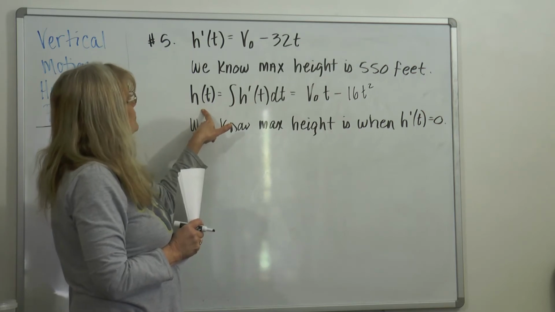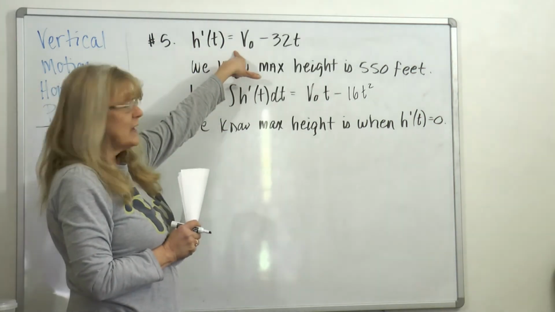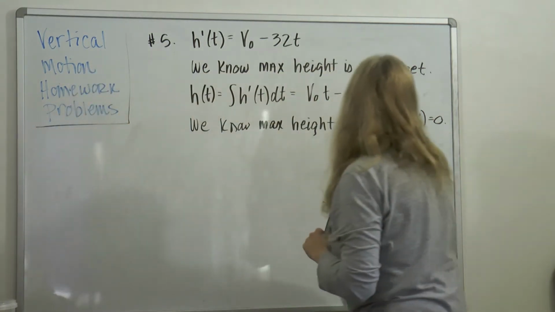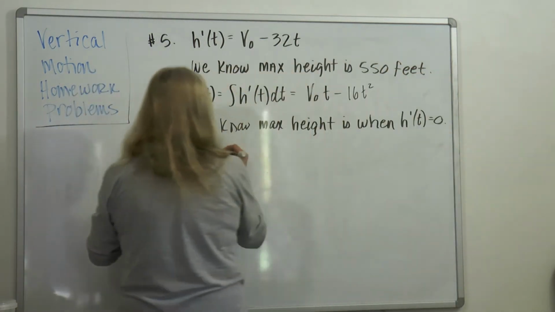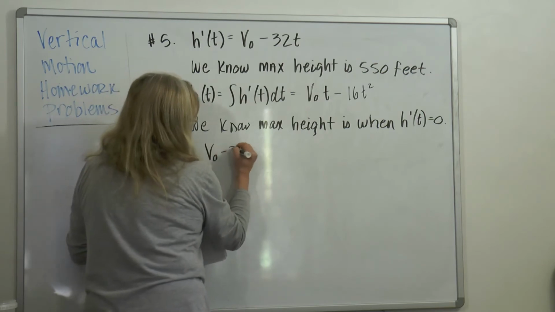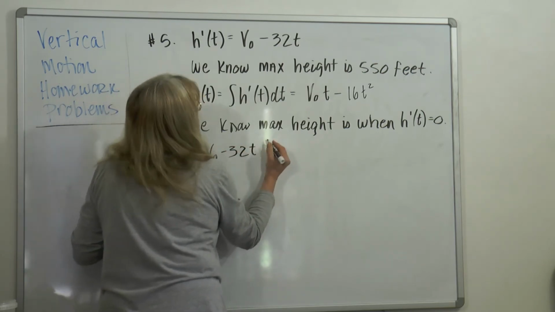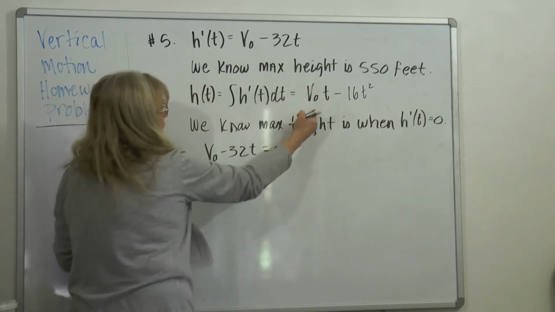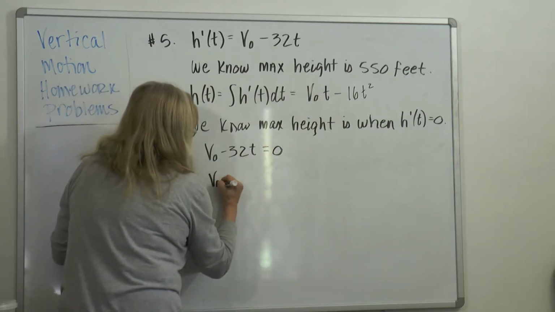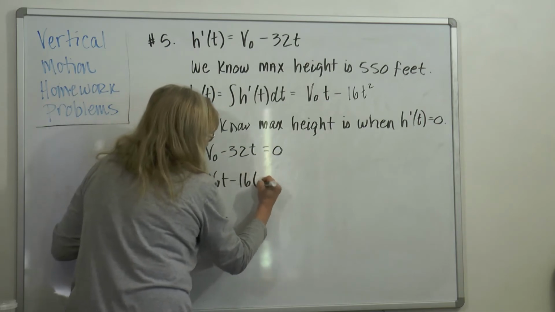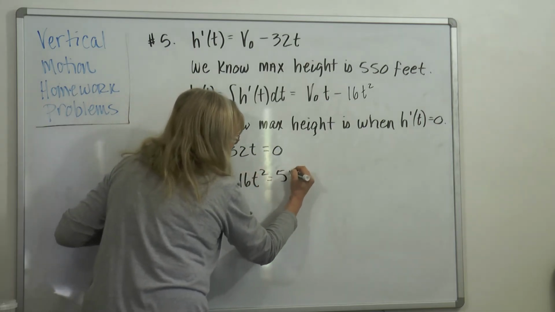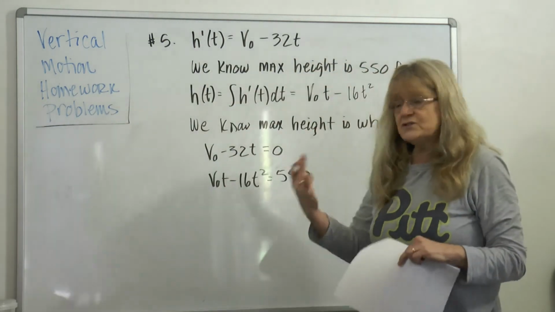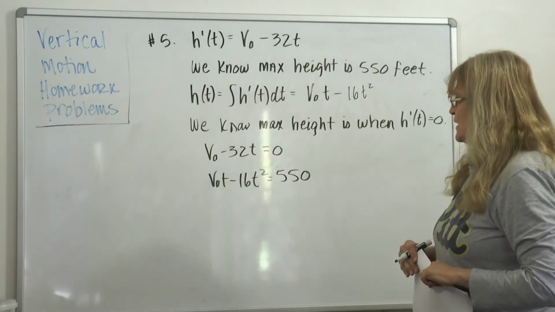The max height I also know is when the slope of the tangent line is 0, when it's flatlined. So I have these two equations. I have v sub naught minus 32t equals 0. And I have v sub naught t minus 16t squared equals 550. Simple system of equations. Two equations, two unknowns. Pare it down to one.